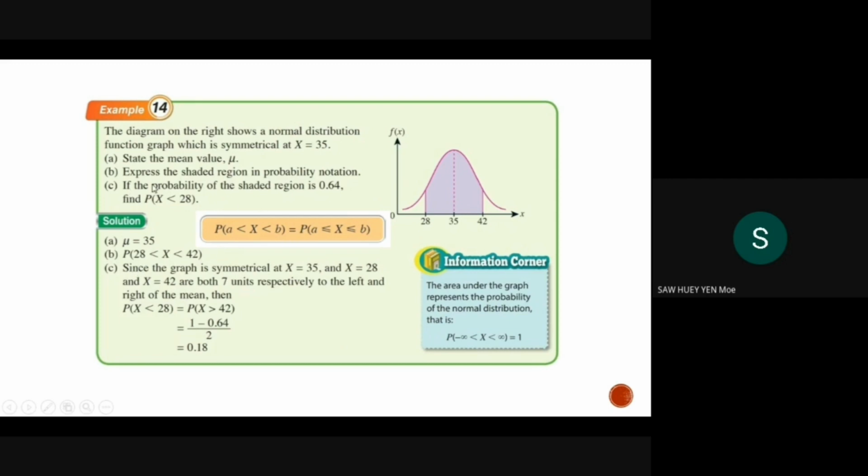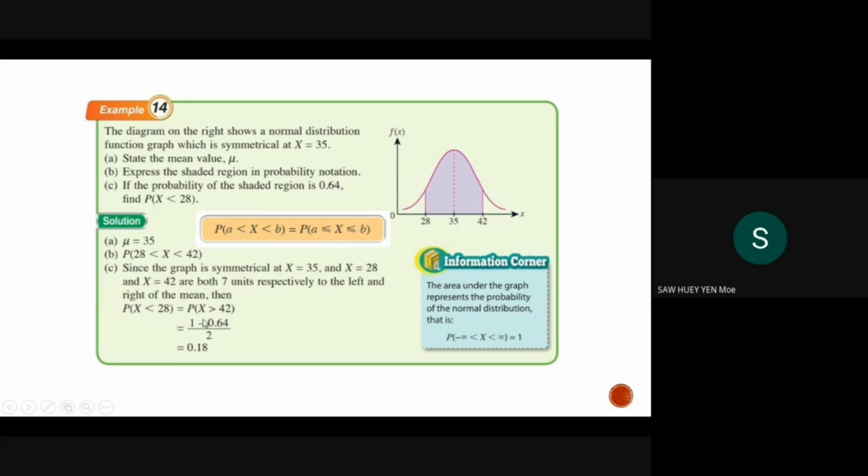Question C. If the probability of the shaded region is 0.64, find the probability of x smaller than 28. Since the graph is symmetrical at x equal to 35, and x equal to 28 and x equal to 42 are both 7 units respectively to the left and right of the mean, then the probability of x smaller than 28 is also the probability of x greater than 42.